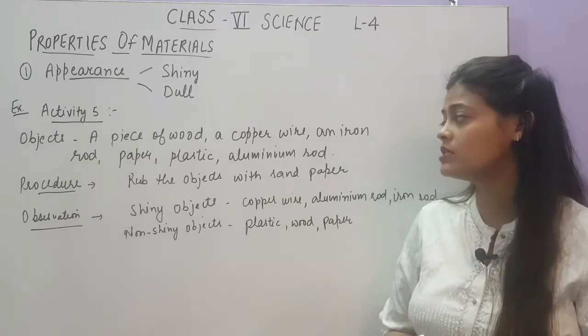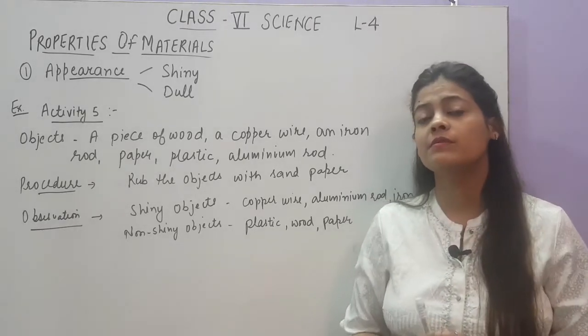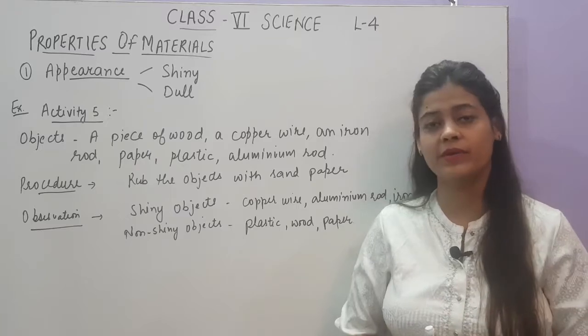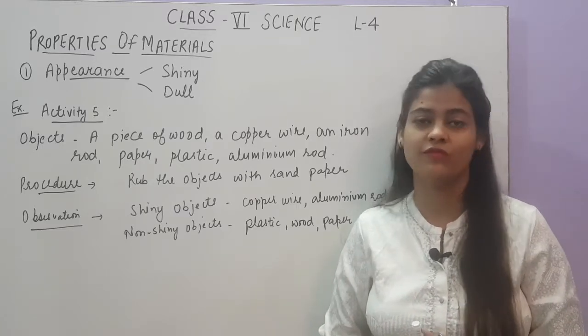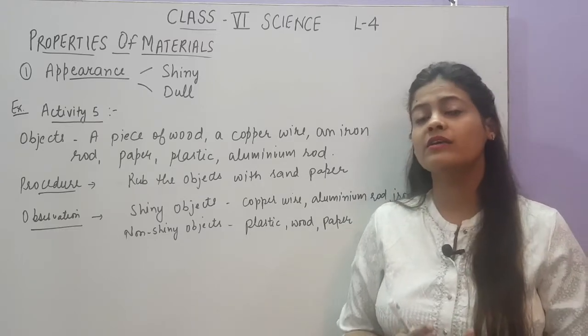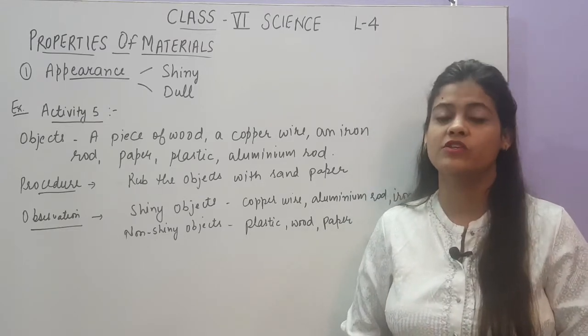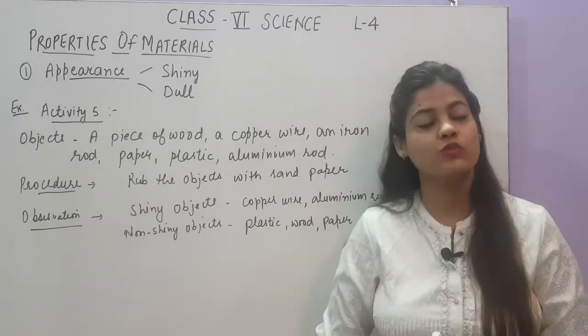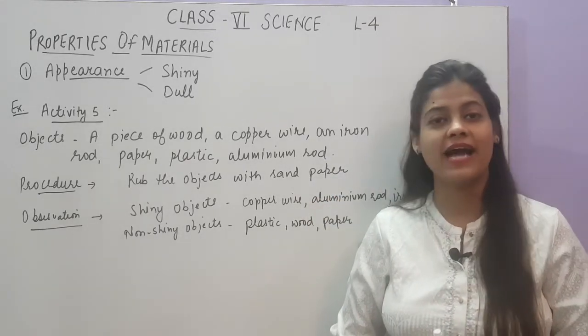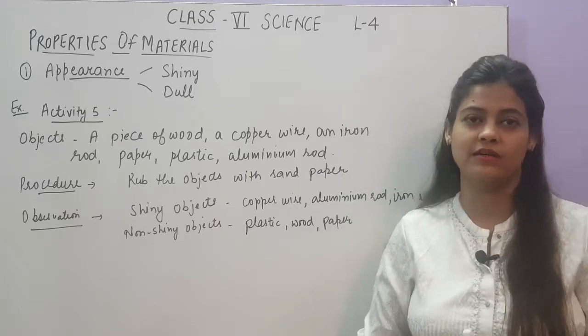Why is that so? Because when the thing is in the atmosphere, in the environment, some dust particles and other things may stick over the surface, which may change their appearance and will not give them their natural appearance. तो उनकी natural appearance को देखने के लिए हमें क्या करना पड़ेगा? sand paper से उनको rub करना पड़ेगा.